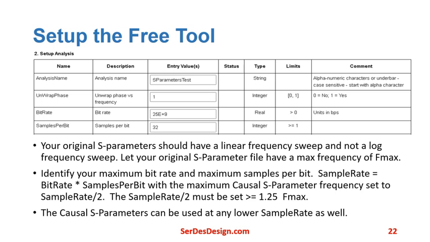The resultant sample rate would be bit rate times samples per bit, with the maximum causal S-parameter frequency set to sample rate over 2. The sample rate over 2 must be greater than 1.25 times the maximum frequency in your S-parameters. For data display purposes, you can identify the differential input and output pair of ports.